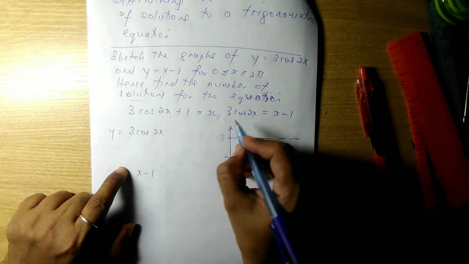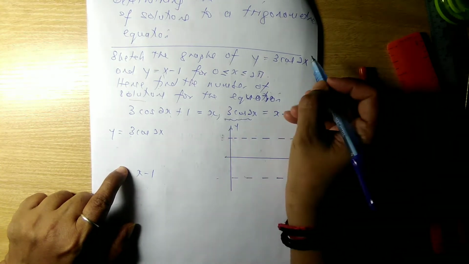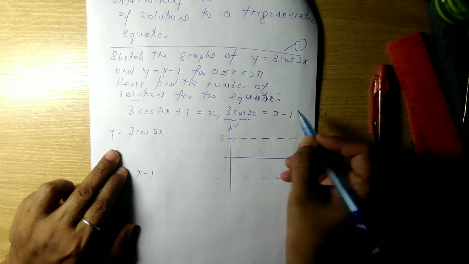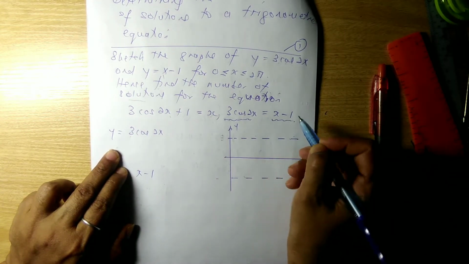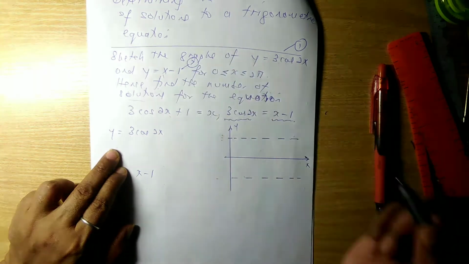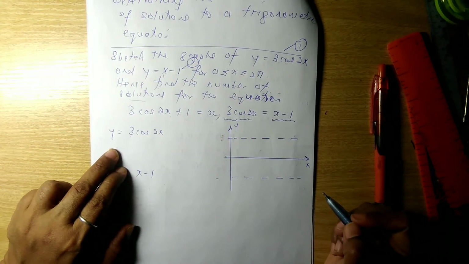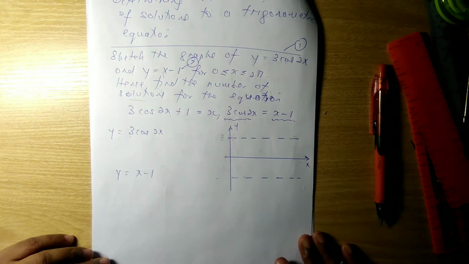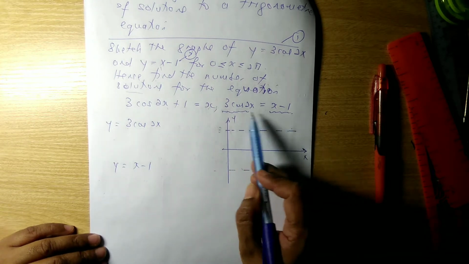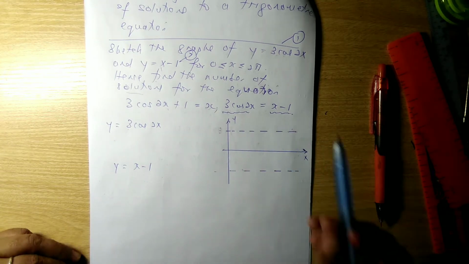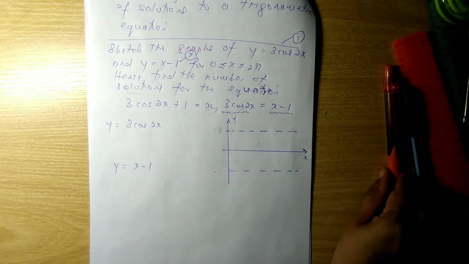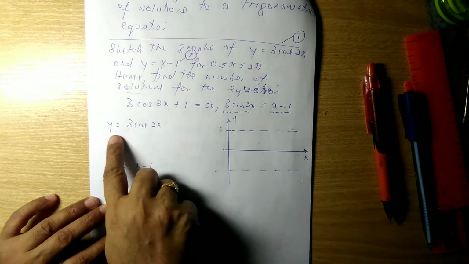This is the first equation that you're supposed to draw, and this part here is the second equation. So what we are trying to do is solve this using the graph method. So we'll sketch this first.